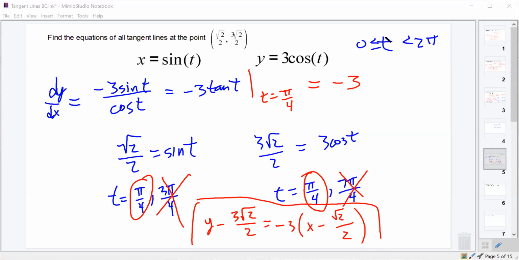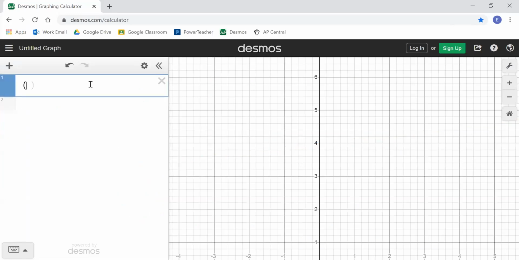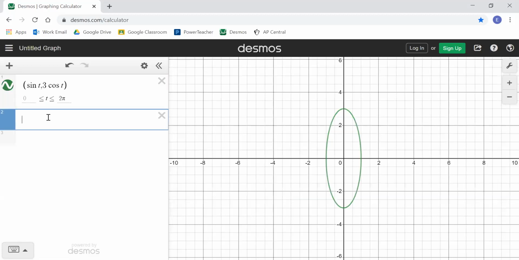Let's take a look at the graph. So we've got sine t, and we've got 3 cosine t. And we're going from just 0 to 2 pi. So we've got this nice little ellipse here. And what was our equation?